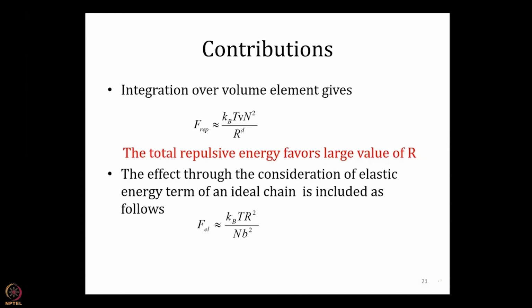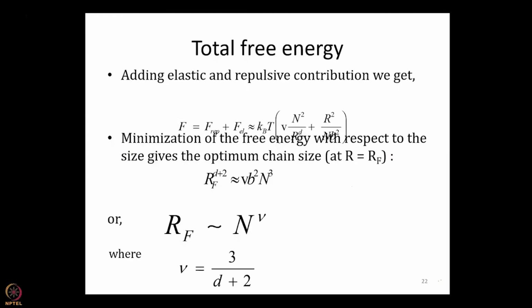Since the Boltzmann distribution gives me a value of a quantity x as e to the power minus x by kBT, I just rearrange terms and get the elastic term trivially, kBT R square by N b square. So the repulsive term for N monomers connected in a polymer chain is N square by R to the power D, kBT v, and v is essentially the van der Waals a. It plays a very similar role to a, and comes out in a very similar way to what we have already done in Mayer's theory.